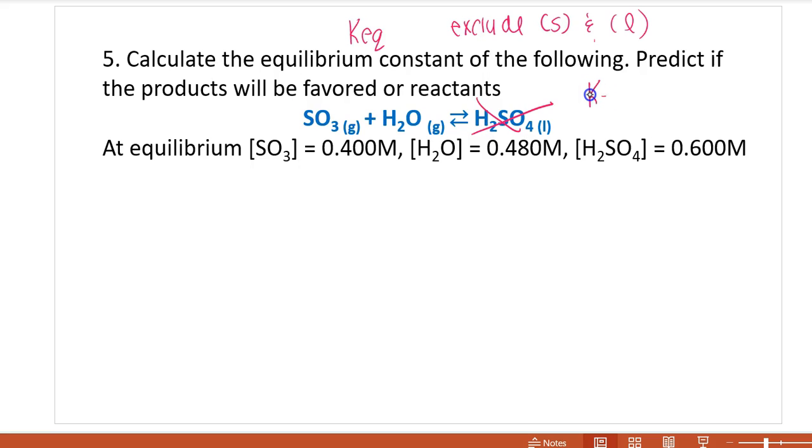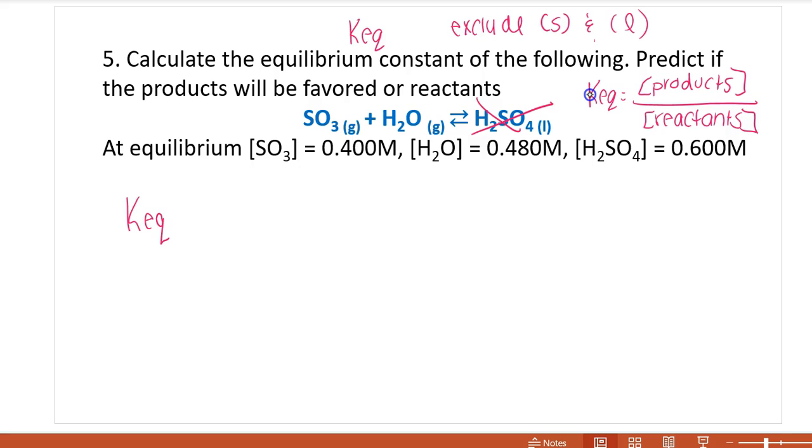Also, when we are doing KEQ, we take the concentration of the products and divide by the concentration of the reactants. So KEQ is products over reactants.